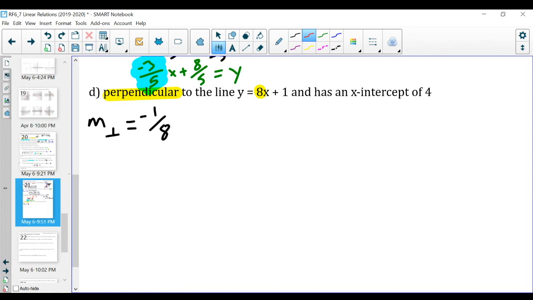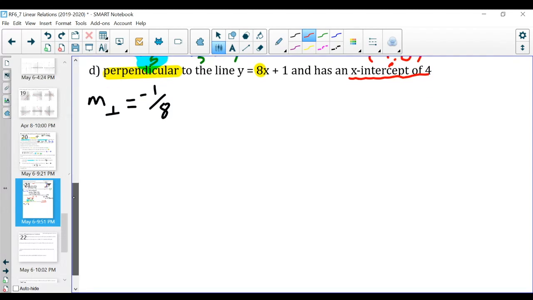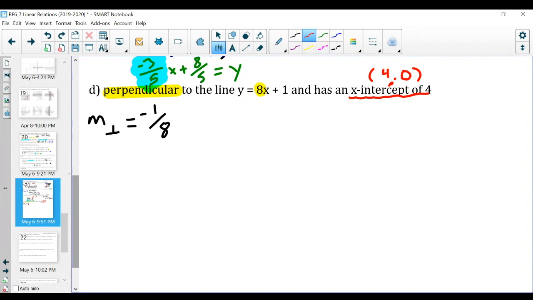Now the part that throws people off is we're giving you an x-intercept of 4. Well, this actually gives us a point. Our point is (4, 0). And that's a part that a lot of students usually miss. They tend to forget that when we're giving you an x-intercept, it actually gives you a point with an x and a y value.